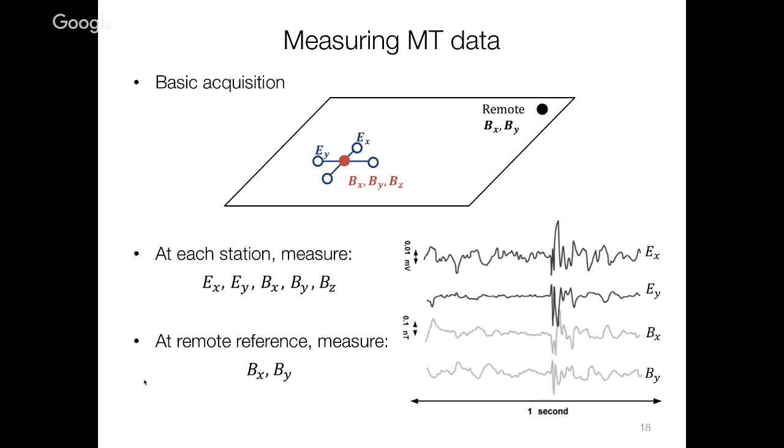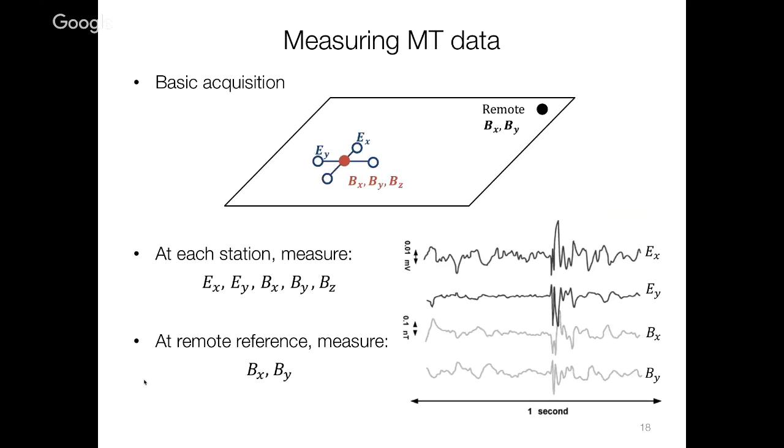So what about measuring, and how do we actually get to these impedance values, just to give you some sense about what's going on? You're going to go out in the field, and you're going to measure the electric and the magnetic field. So here's EX, EY, BX, BY.